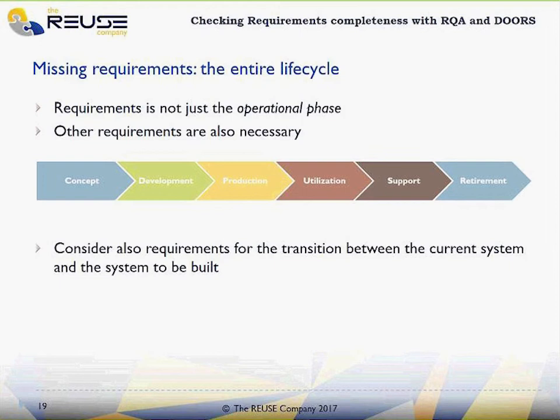We have to consider that in most of your industries, you are dealing with systems that are not software. It is something other than software, and you have to think also on the retirement of these elements, right? So it's important to find the requirements for these other processes in the life cycle as well, right?